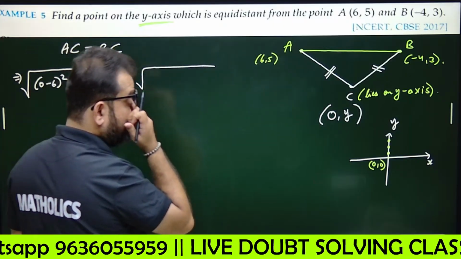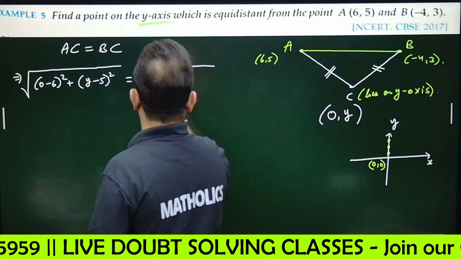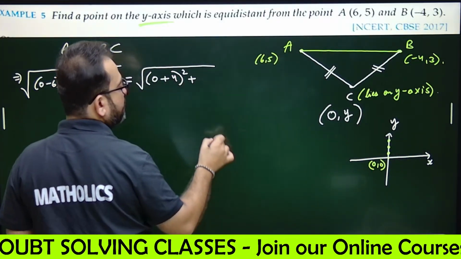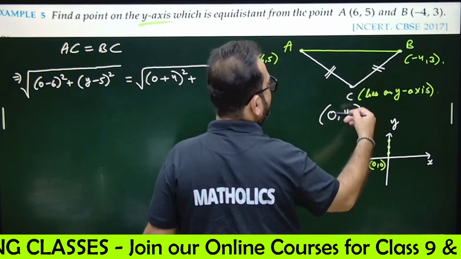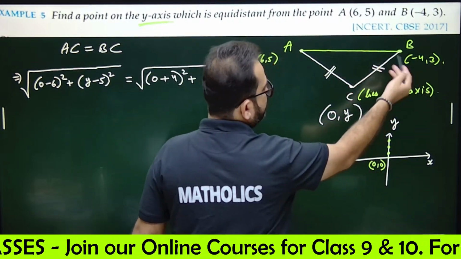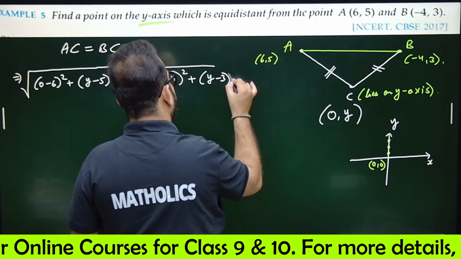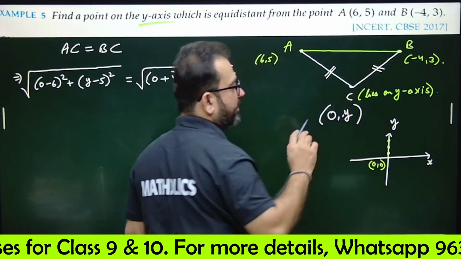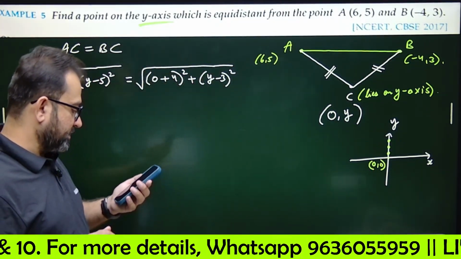What will be BC? 0 minus minus 4, so I can write it directly as (0 plus 4) whole square, plus (y minus 3) whole square. You can do it like this also, minus 4 minus 0 and 3 minus 5. It is the same thing. No difference in the solution and answer.